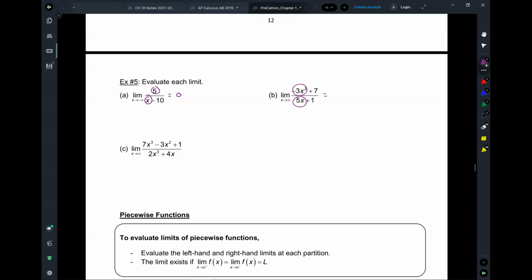So it'll be the limit as x approaches infinity of negative 3/5 x. Now if x is infinitely large, if x is a billion, this will be negative 3/5 billion. So it's negative infinity.